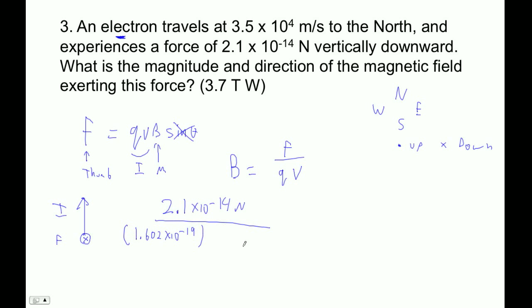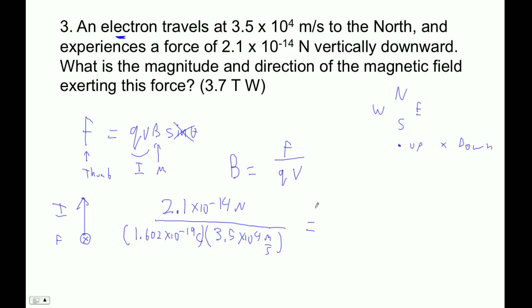I'm not putting a minus sign there because that'll confuse me too much. Although it would work, right? I mean, it actually makes this thing work. Okay, so let's see. It's 3.5 times 10 to the 4th meters per second, right? This is coulombs, right? So let's figure that out first.